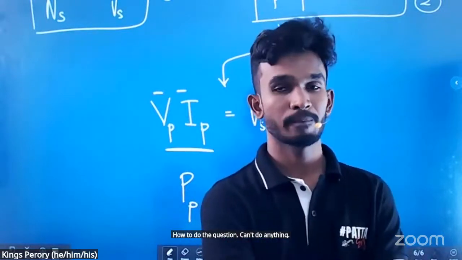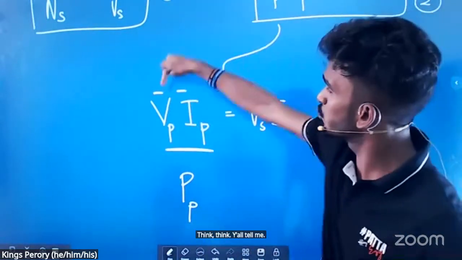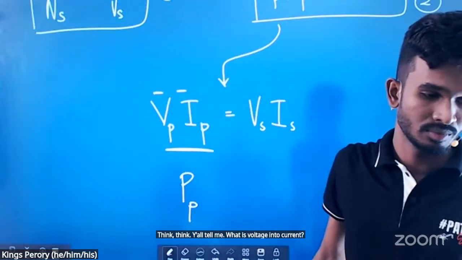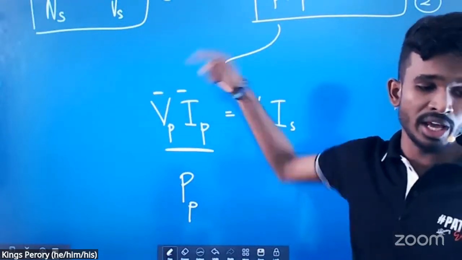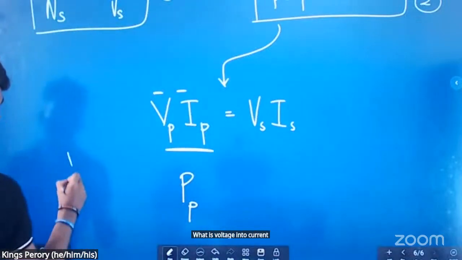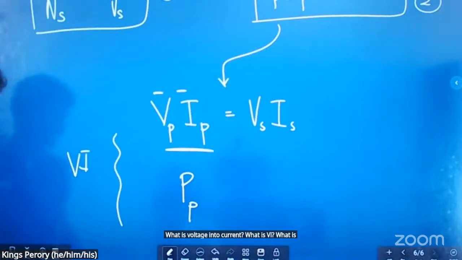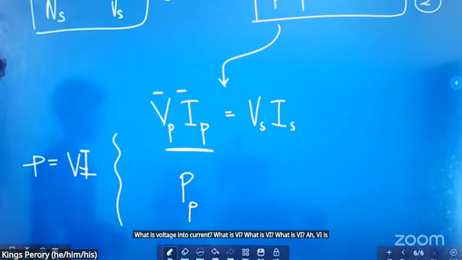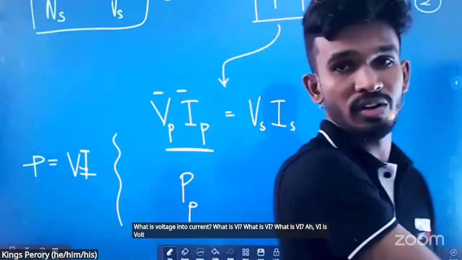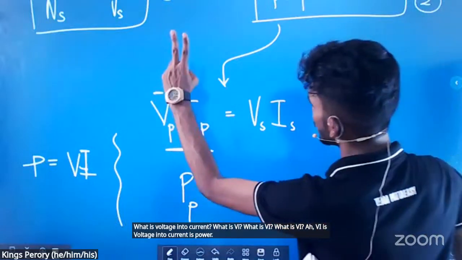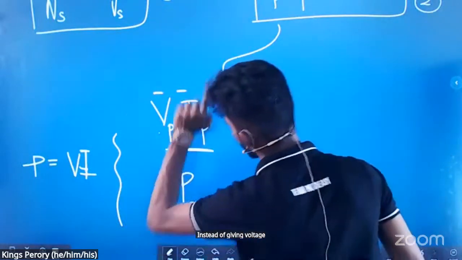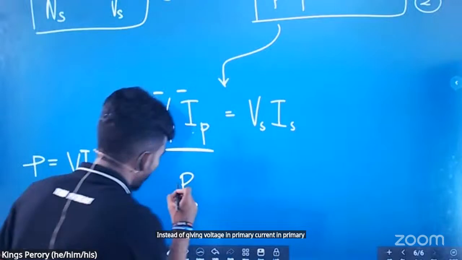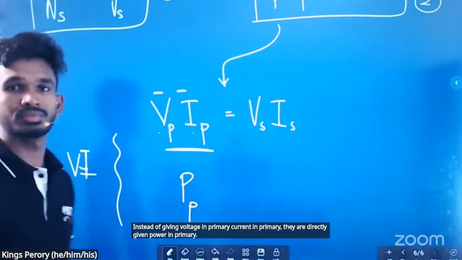Think. Y'all tell me, what is voltage into current? What is VI? VI is power. Voltage into current is power. Instead of giving voltage in primary, current in primary, they have directly given power in primary.